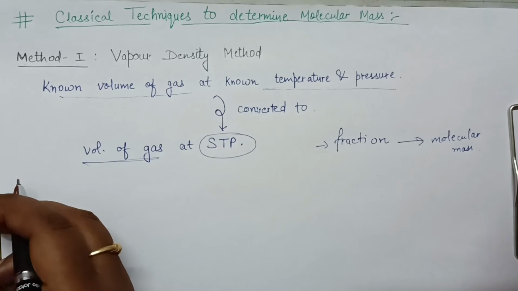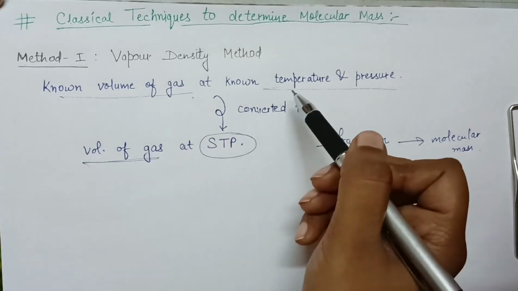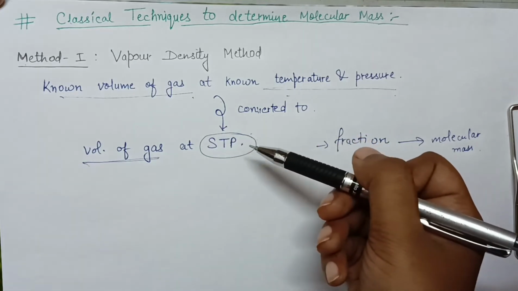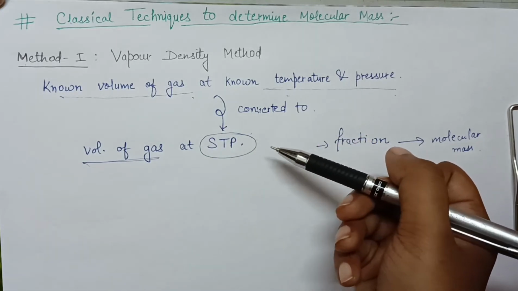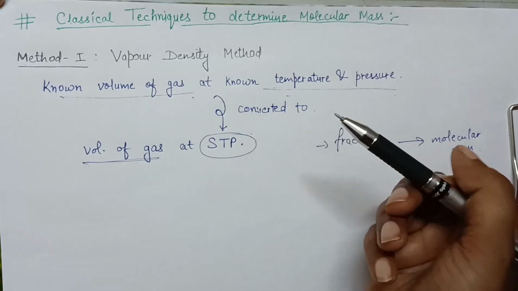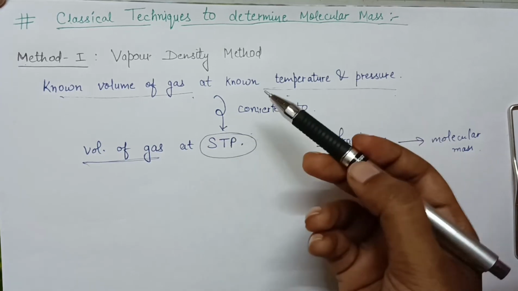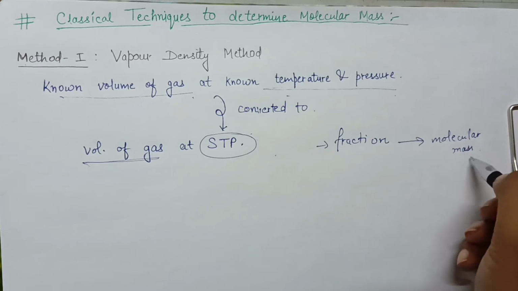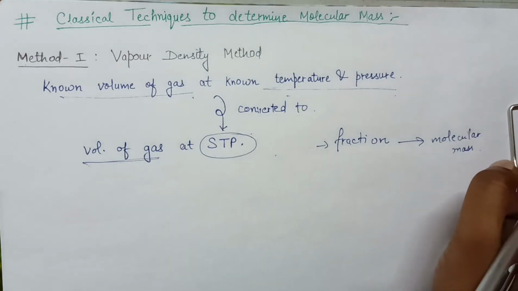So this was the first method: take a known volume of gas at known temperature and pressure, convert it to volume at standard temperature and pressure, determine what fraction of 1 mole that gas represents, and from that calculate the molecular mass.